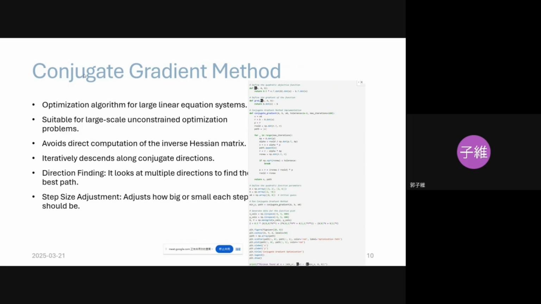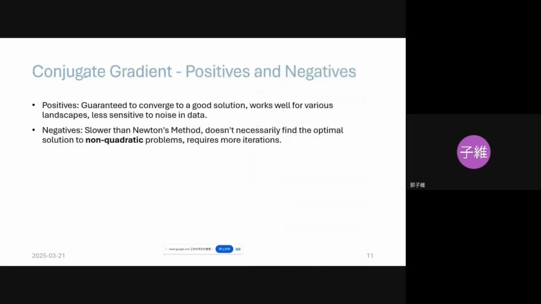It iteratively descends along the conjugate directions, and it looks at multiple directions to find the best path. And step size adjustment is to adjust how big or small the step should be.